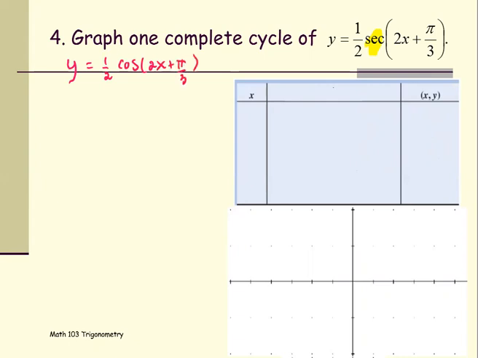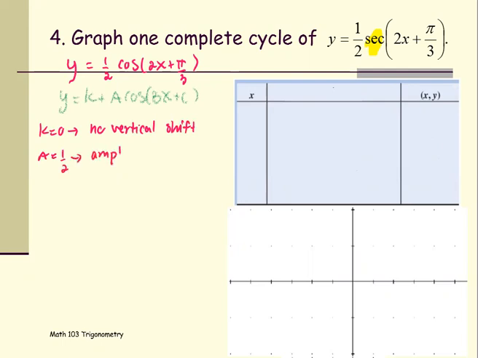And again, use the standard form y equals k plus a times the cosine of bx plus c. That tells us the k equals 0 means no vertical shift or no vertical translation. A equals 1/2 is positive, so no reflection.